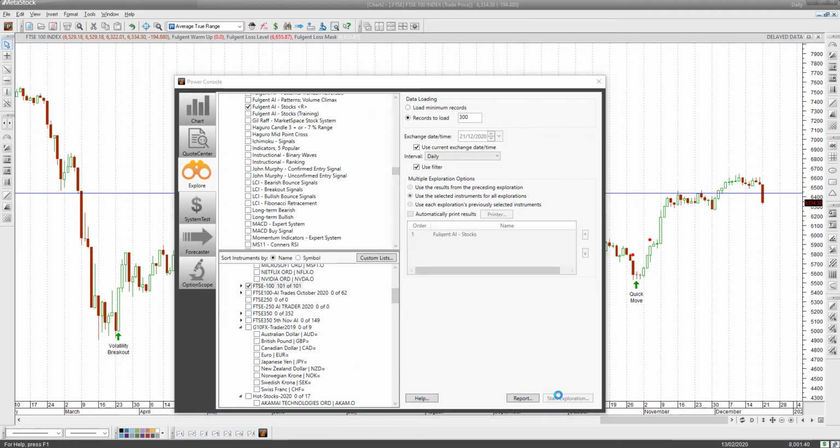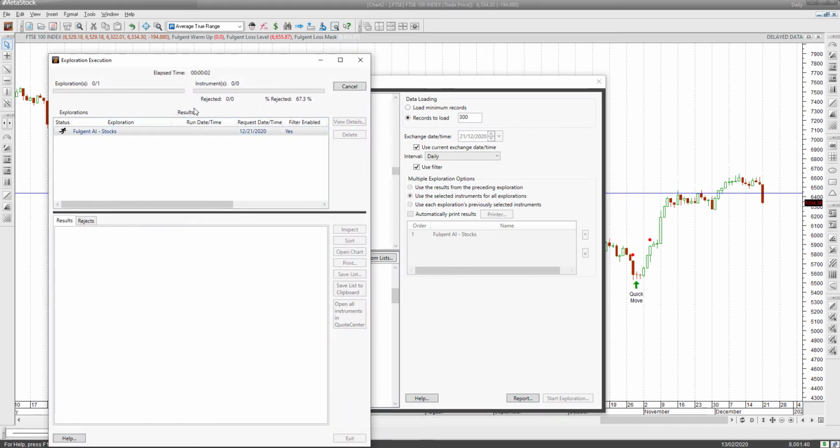I'm going to start the exploration, and that's going to run through the scan, looking at all 100 stocks and looking at those indicators that we'd like strategies of: swing trades, big moves, quick trades, and so it'll take a couple of minutes to run through the screen. And I'm going to pause the recording here, and I'll be back as soon as the screen is done.